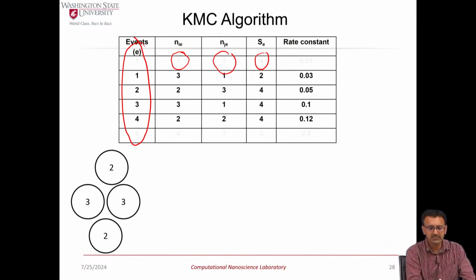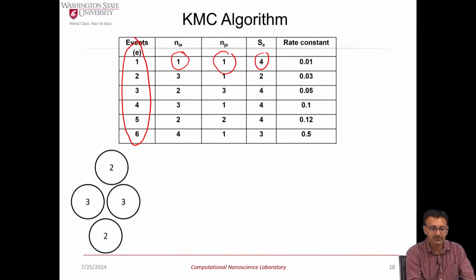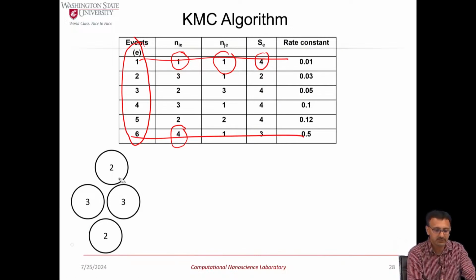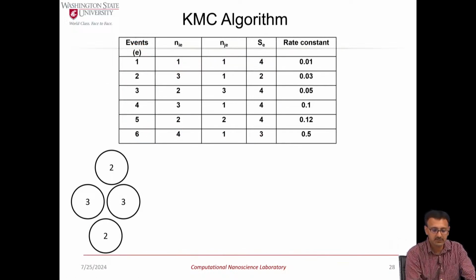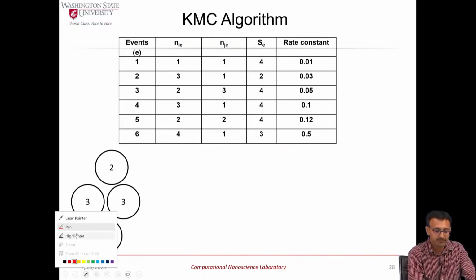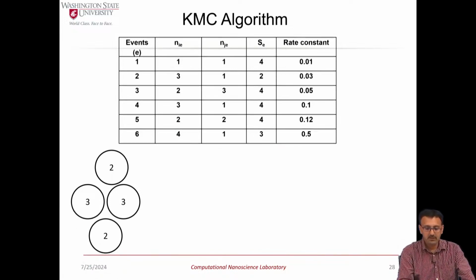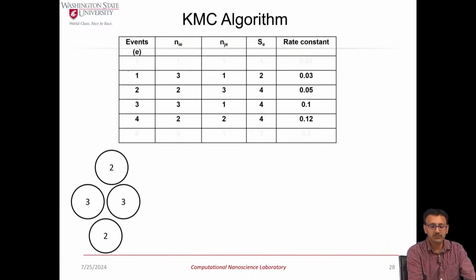In fact, the first and the last event here are not feasible. The last one had Ni equal to 4, and the only 2 options we have in this case are 2 and 3. So, we cross these 2 out, because these are not going to be feasible. And now we have an option of these 4 events.